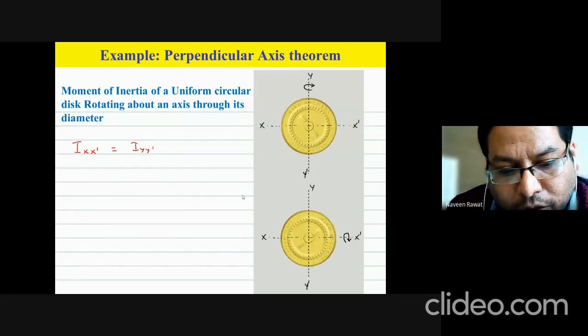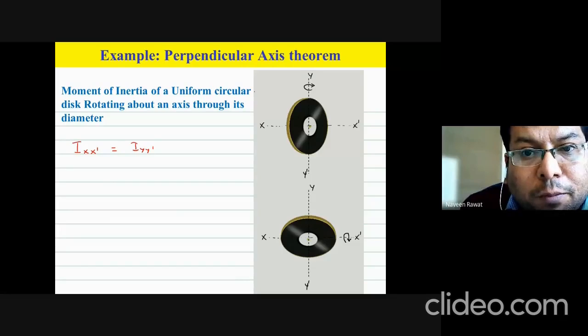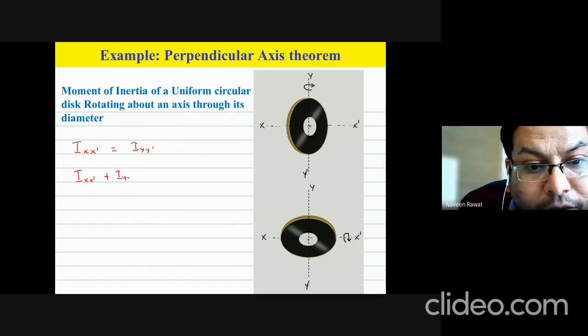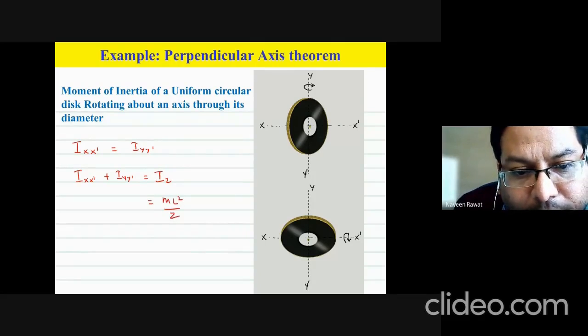Okay. So here we can apply our formula for the perpendicular axis theorem, which says that your value for I in the x prime plus value of I in the y prime will be the value of moment of inertia in the third axis, which is I of z. And we had just calculated that I of z is ml square divided by 2. Okay.